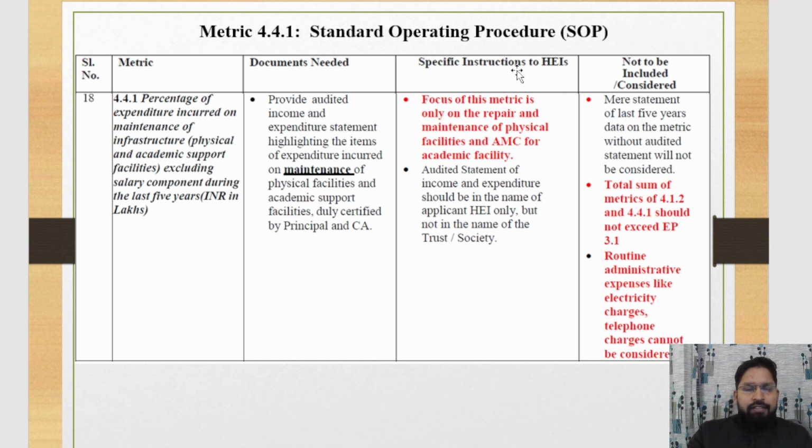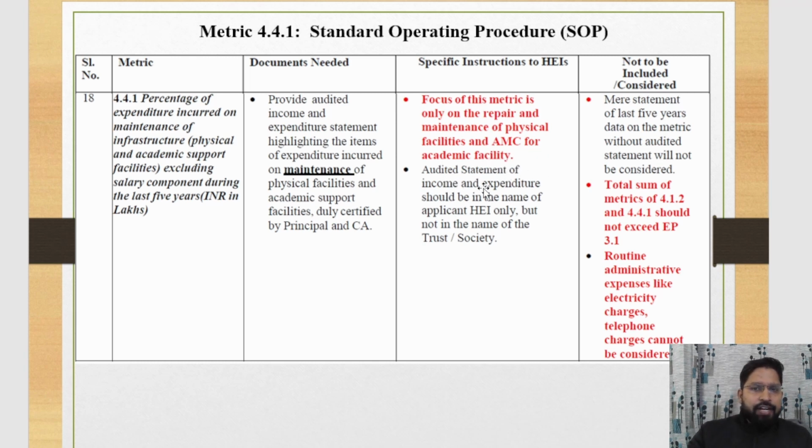The specific instruction to higher education institutes is that this matrix focuses only on repair. This 4.4.1 matrix is focused on repair and maintenance of physical facilities, and AMC for academic facilities.